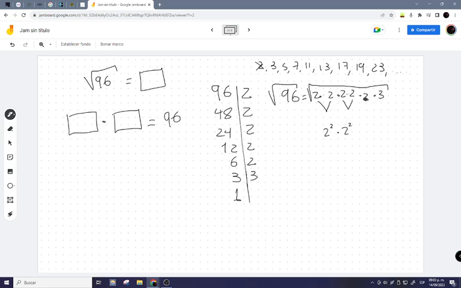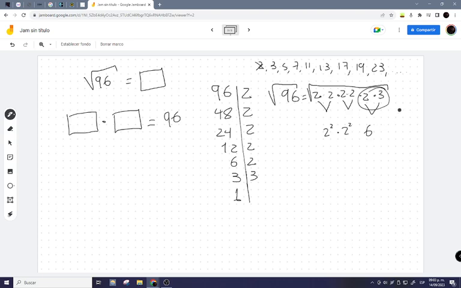And we don't have any other pair of the same number. But let's anyway do this operation. What is 2 times 3? It's 6. And we have a 6 alone without any exponent, but it's not a problem.